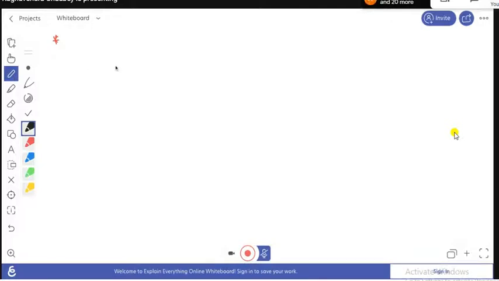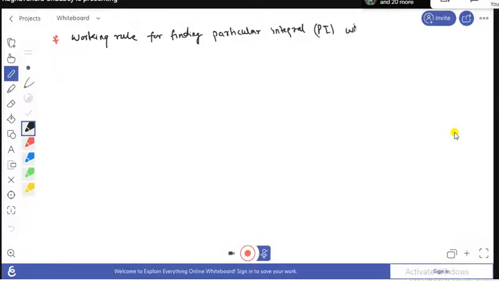So what is the working rule for finding the particular integral, that is PI, where the function f(x, y) is of the type ax plus by?